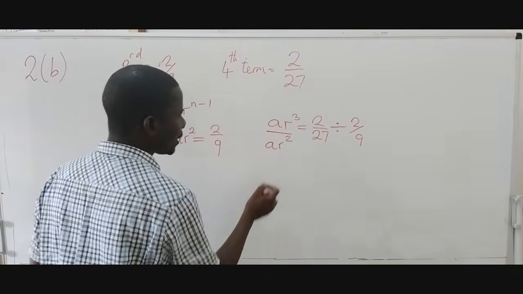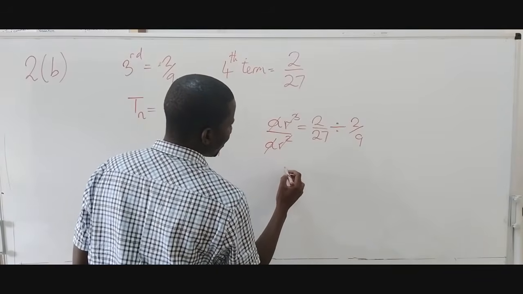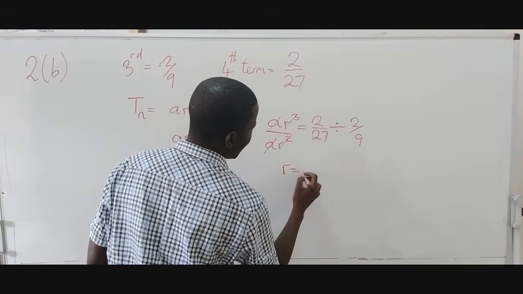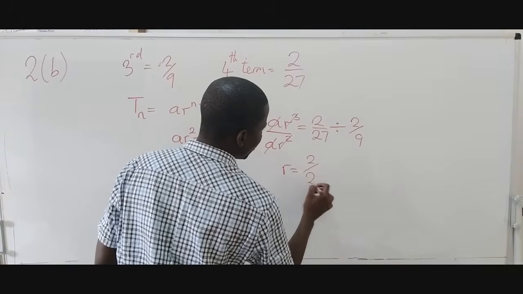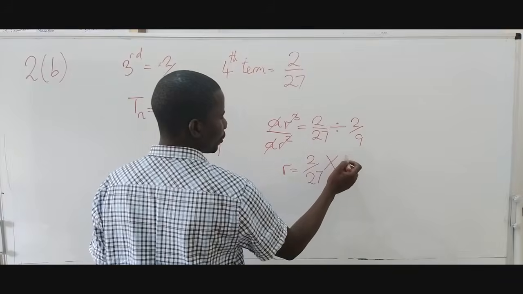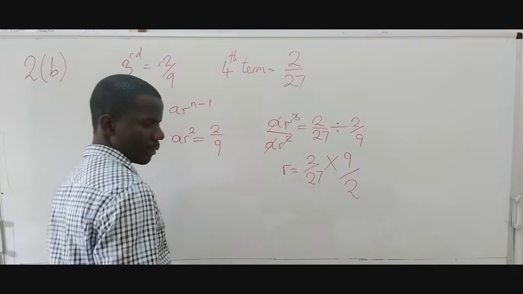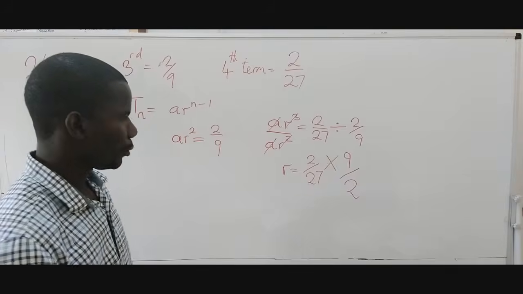From this point, we can simplify this side. We'll just remain with the r. And this will be 2 over 27 multiplied by, because of division, 9 over 2.